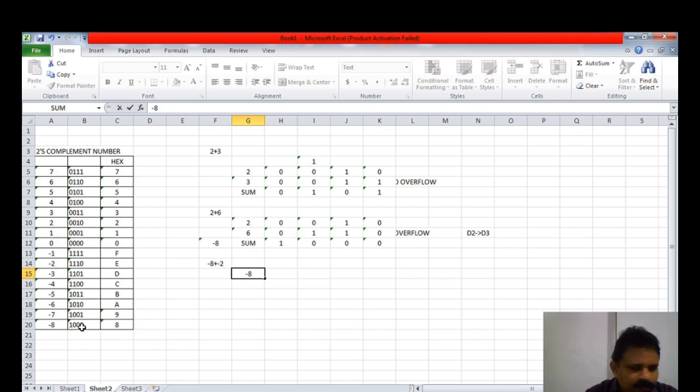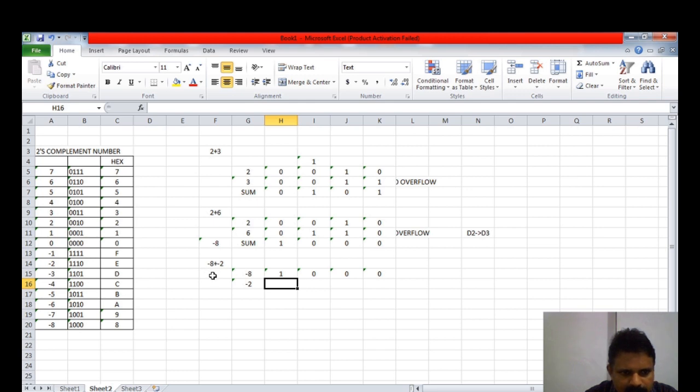It is 1 0 0 0. -2 is E, if we follow the hexadecimal, so the pattern for -2 is E, it is 1 1 1 0. So -8 plus -2 is actually 8 plus E.